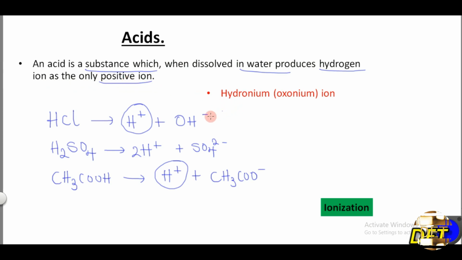If we want to represent the water in the solution, we can say that an acid is any substance which, when dissolved in water, produces hydronium ion, also known as the oxonium ion, as the only positive ion. For instance, when hydrochloric acid dissolves in water, H2O, it ionizes to produce hydronium ion, H3O+, and chloride ion.